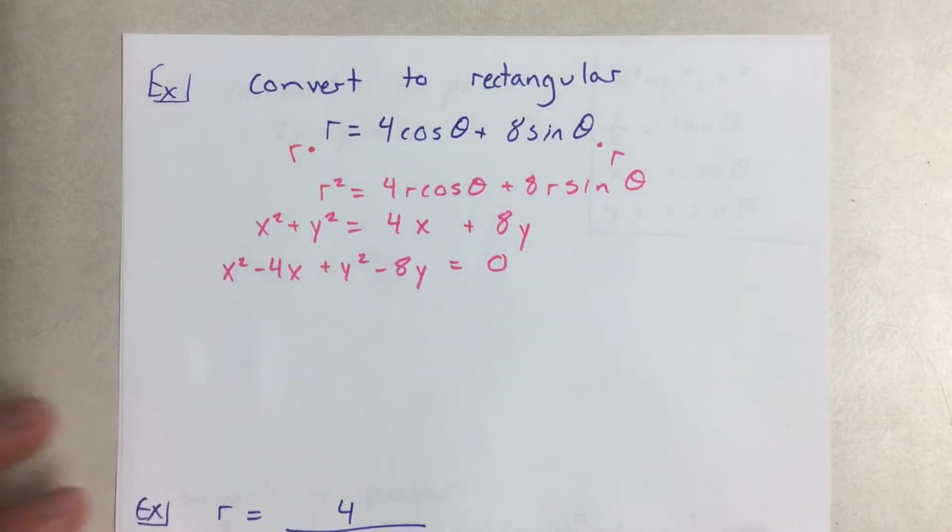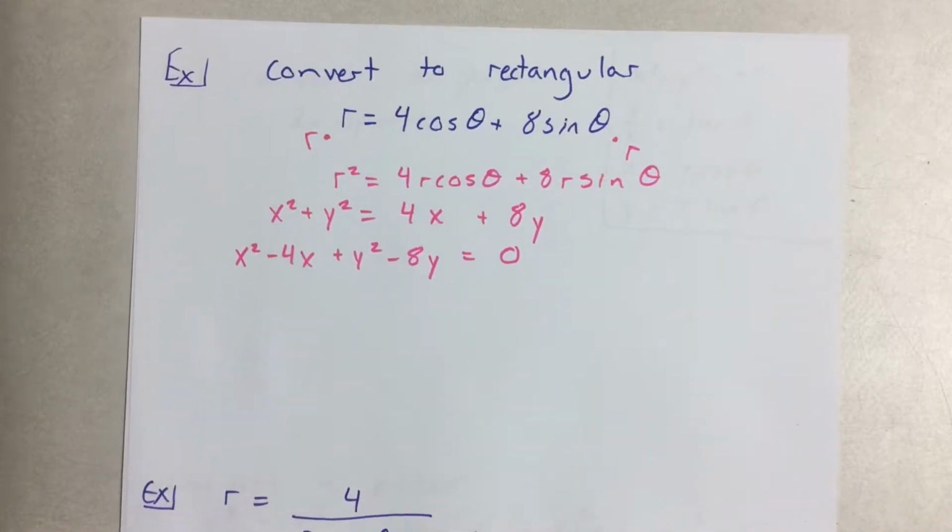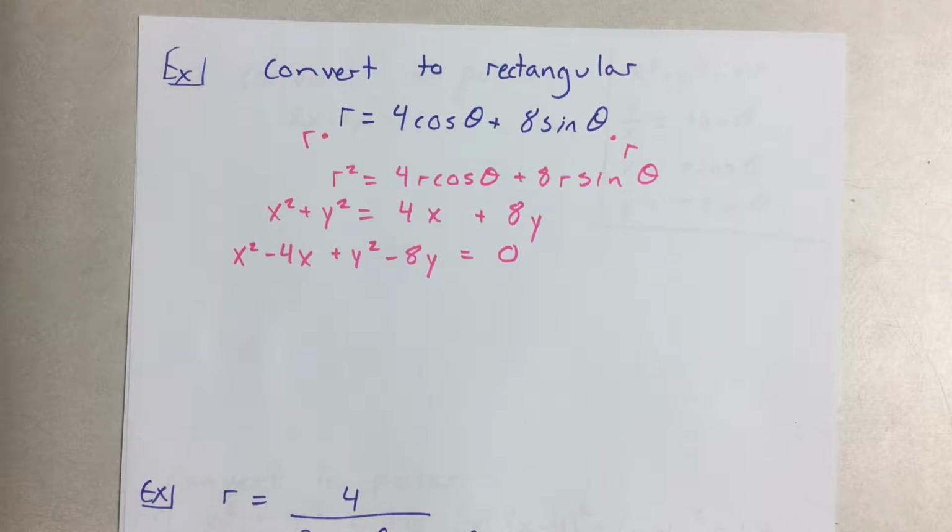Okay. Now, this technique that I'm about to use, if we don't use it a lot, we tend to forget it. So my goal here is I'm thinking that this is going to come down to where I have a circle, just because a lot of polar equations end up being some type of circle.